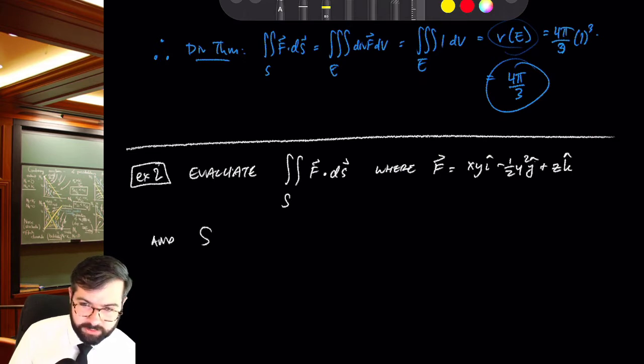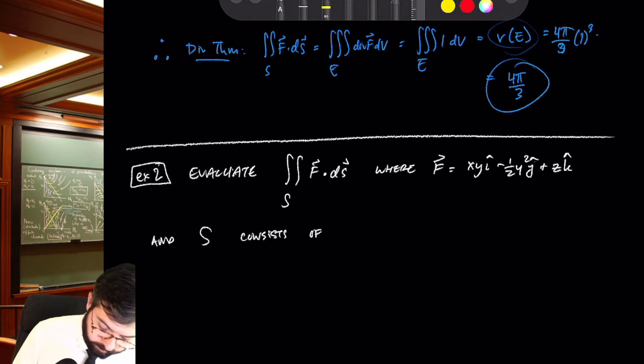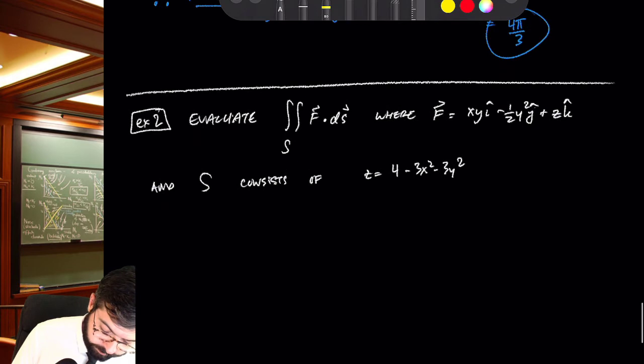My surface S consists of the surface 4 minus 3x squared minus 3y squared from z equals 1 to 4.